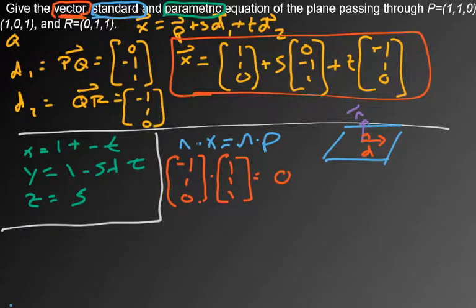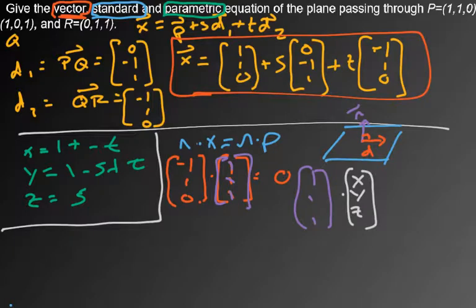That would mean that I could take this purple vector, 1, 1, 1, as my normal, and then now I can just go and do 1, 1, 1, that's n, dotted with x, y, z, equals, I'm going to do the point, I'll just do p, 1, 1, 0, dotted with my normal vector, 1, 1, 1.